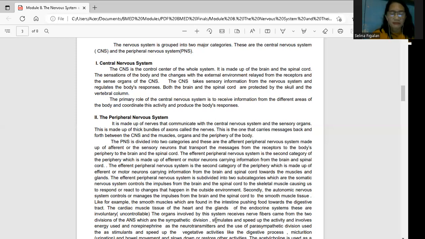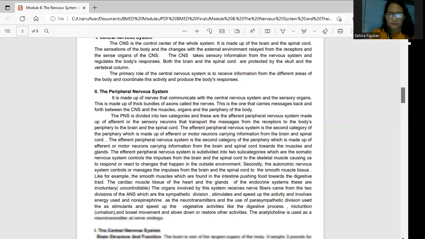So binavasodilate niya or niluluwagan niya. Kung vasodilation o malaki ang kanyang pupil, ang gagawin naman ng parasympathetic is opposite. Pag nagdi-decrease ang heart rate mo, under the sympathetic, ipa-increase naman. So parang opposite ang kanilang function.